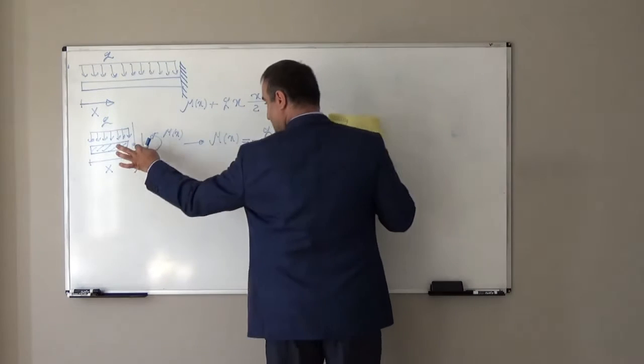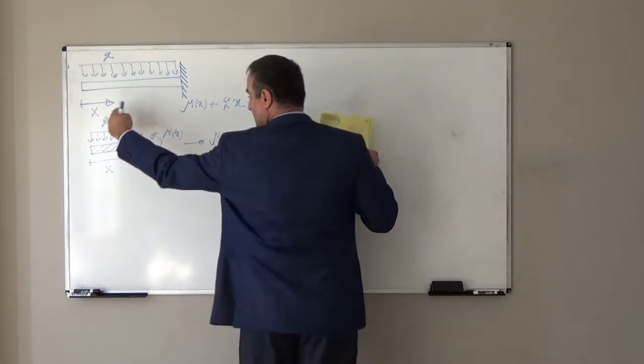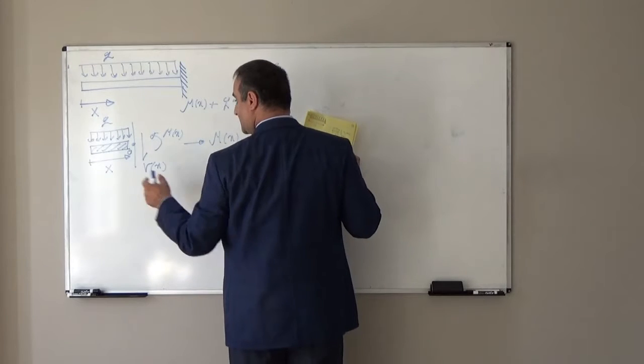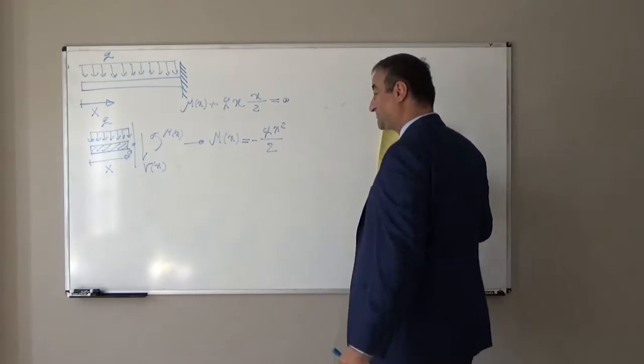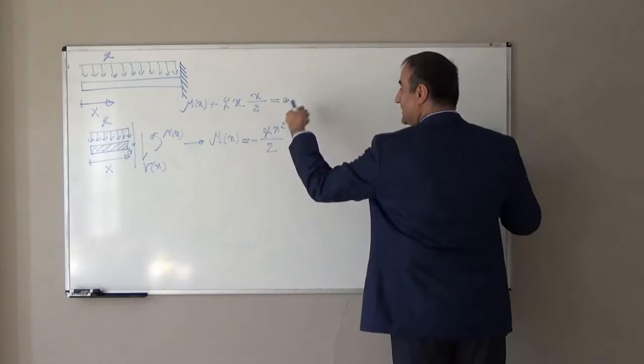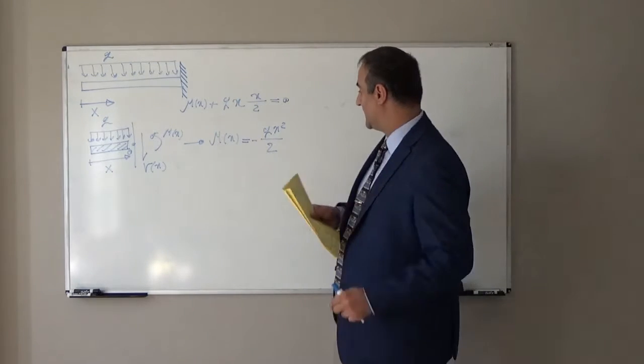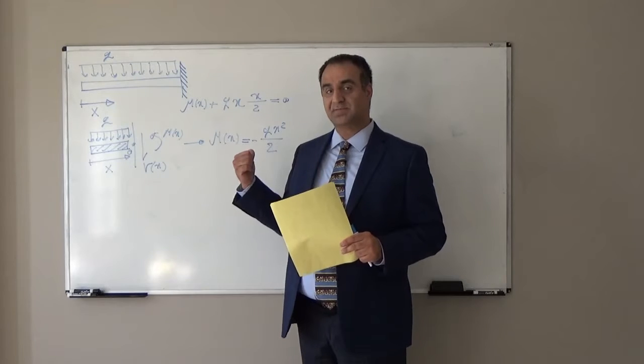We are taking moment with respect to O. Q times x, the resultant force, at x over 2 times x over 2 is equal to 0. If I take that to the other side, I will end up with Mx is equal to negative Qx squared over 2.